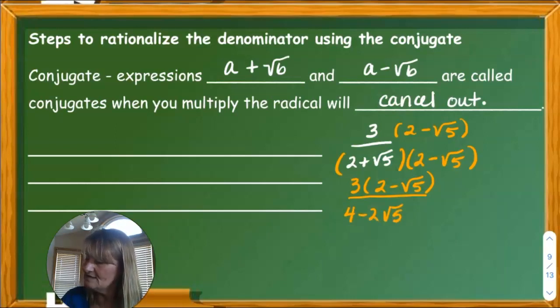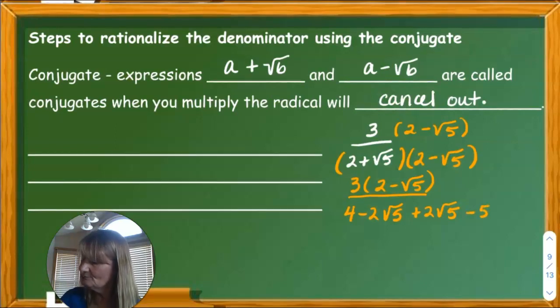My inside is the positive 2 times the positive square root of 5, so that would be a positive 2 square root of 5. Again, we're just remembering how we multiply. And then the last one comes back from what we did last time: square root of 5 times square root of 5 is 5. Of course, there's a negative out in front, so that's going to be minus 5.